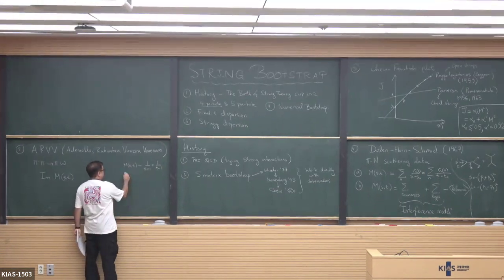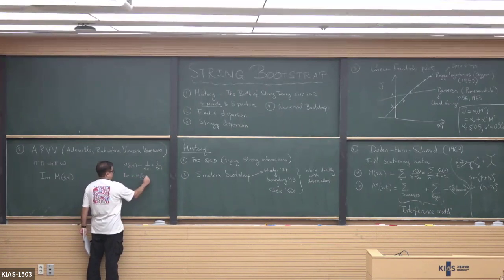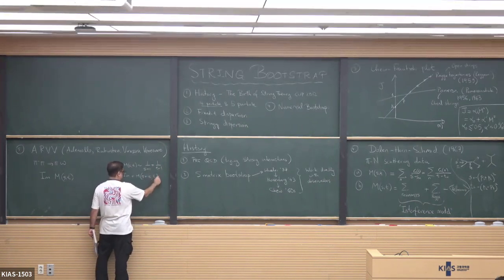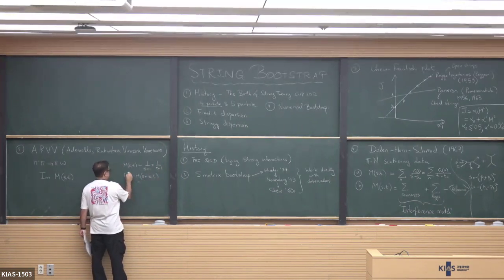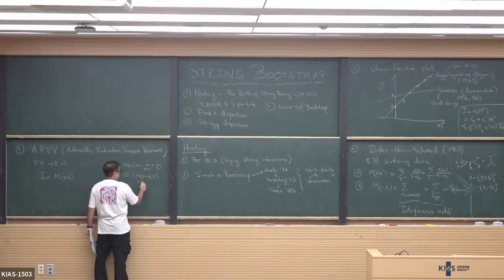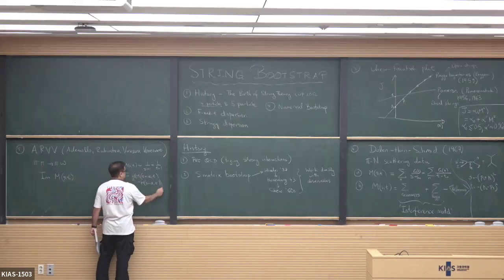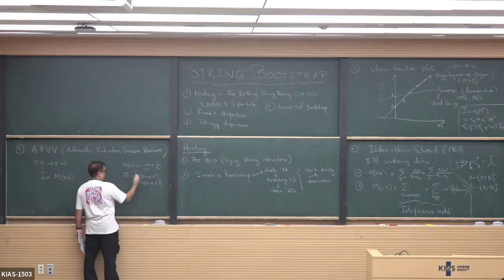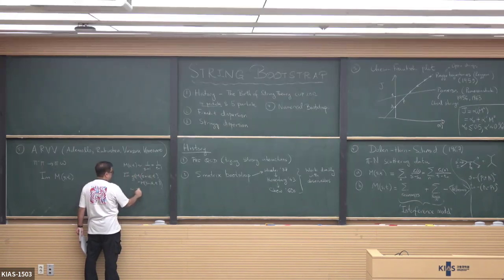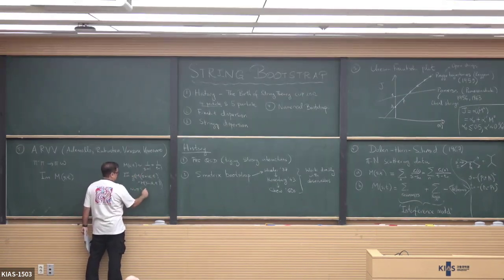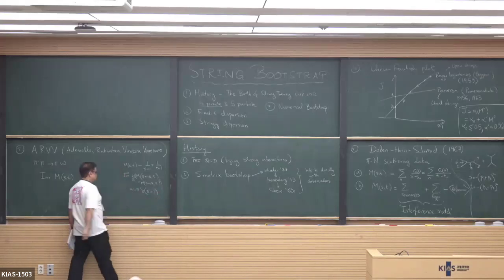So when you calculate the imaginary part, the way that you define the imaginary part is by taking s plus i epsilon, keeping t fixed, minus s minus i epsilon, keeping t fixed, and dividing by 2i. So in this particular case, you would actually get something that is proportional to a delta function. So if you do things correctly, you are going to get minus pi times delta of s minus 1.